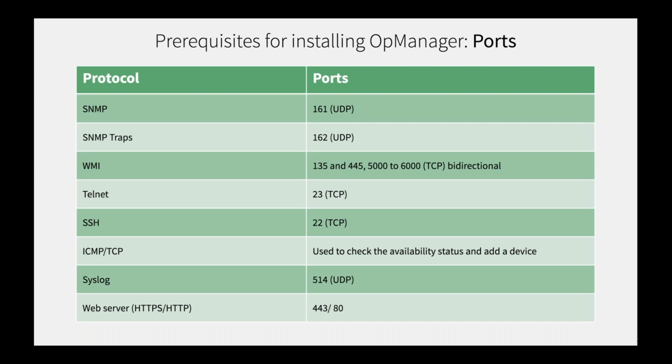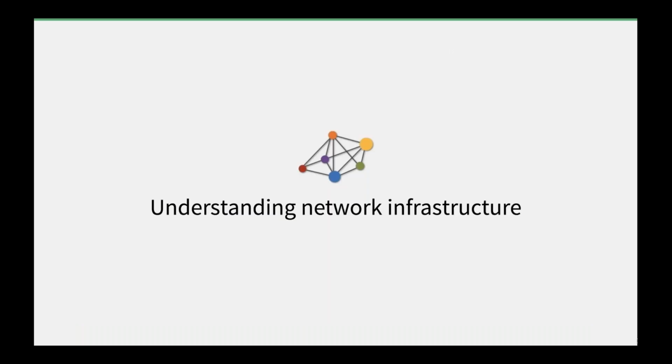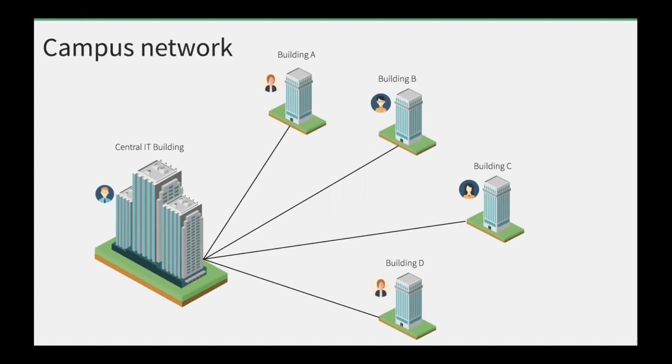All right, now that we know the basic system requirement and the ports and protocols used by OpManager, now let's think about how to understand the infrastructure better. Okay, let's assume a scenario that Mike is the administrator of Zoho Corporation, and he had been given an assignment to monitor the devices from various buildings.